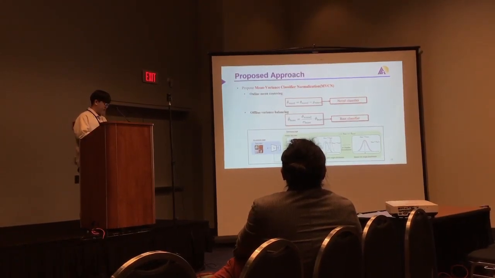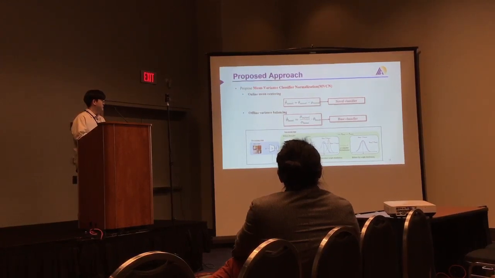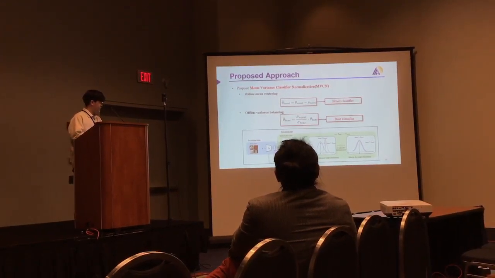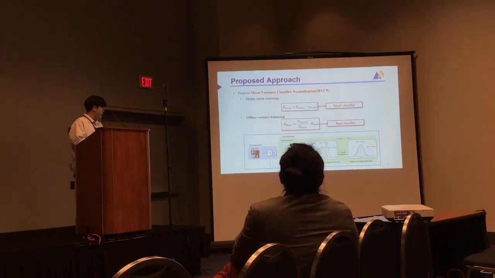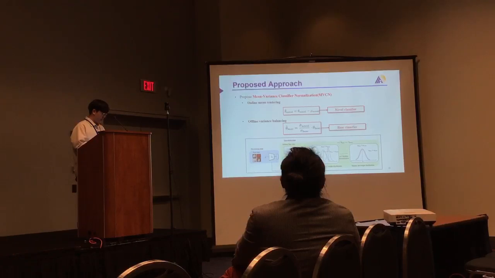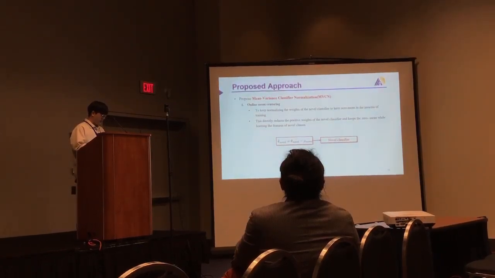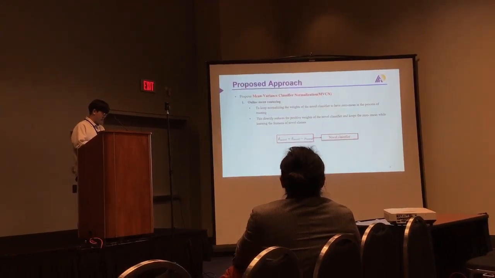In order to solve this phenomenon, we present a new simple but effective normalization method, which we call mean variance classifier normalization, MVCN for short. Our normalization consists of these two steps. First is online mean centering, next is offline variance balancing. Online mean centering is performed in an online manner only on the novel classifier, where our goal is to make the mean of the novel classifier close to 0.